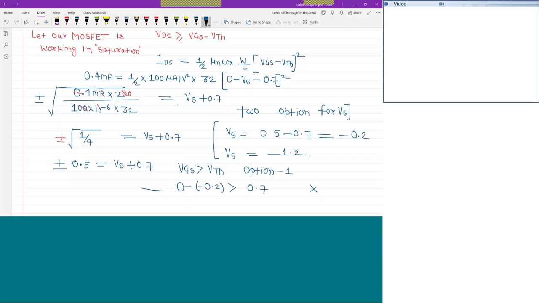This brings transistor into the cutoff region, है ना? So this is not correct value, because for Vs equal to minus 0.2, transistor operates in cutoff.